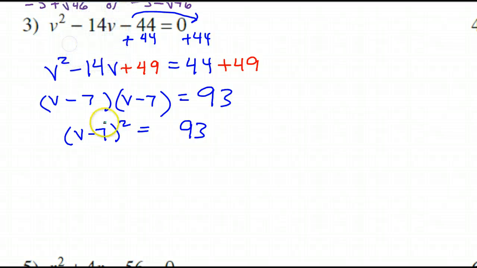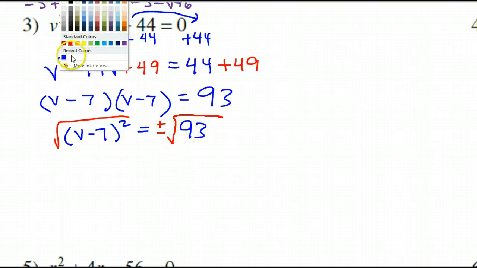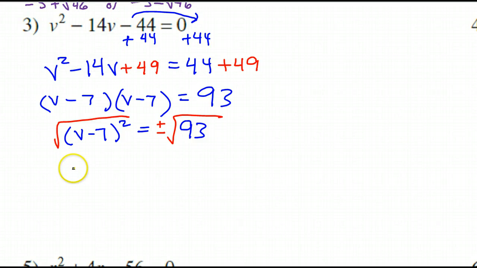I can unsquare this by taking the square root of both sides. Anytime you take the square root of both sides, the solution will be positive or negative, two solutions.